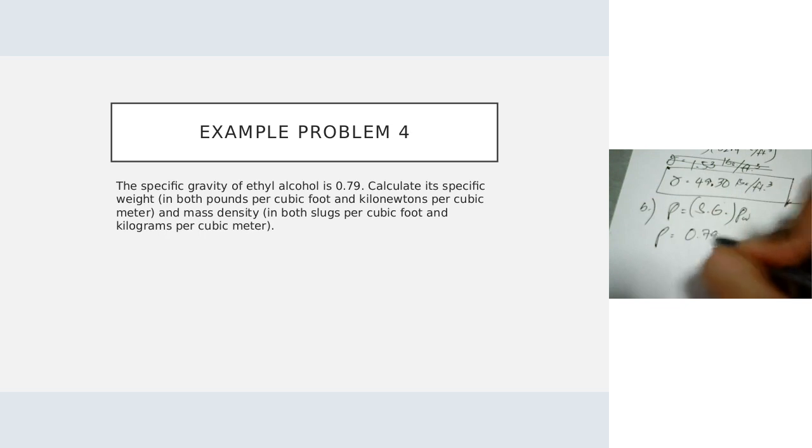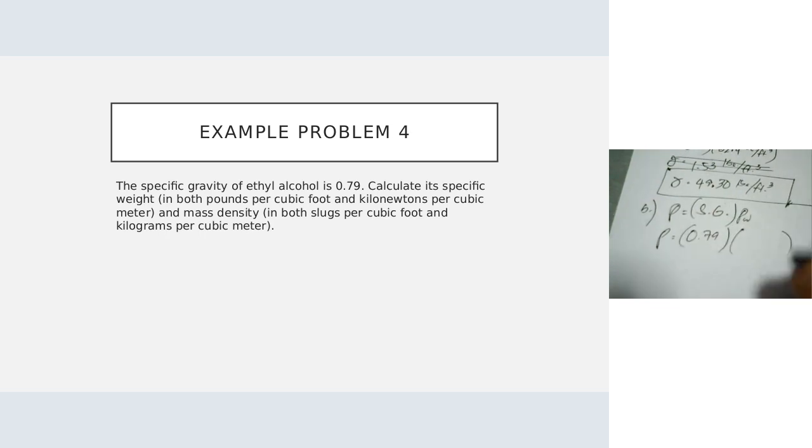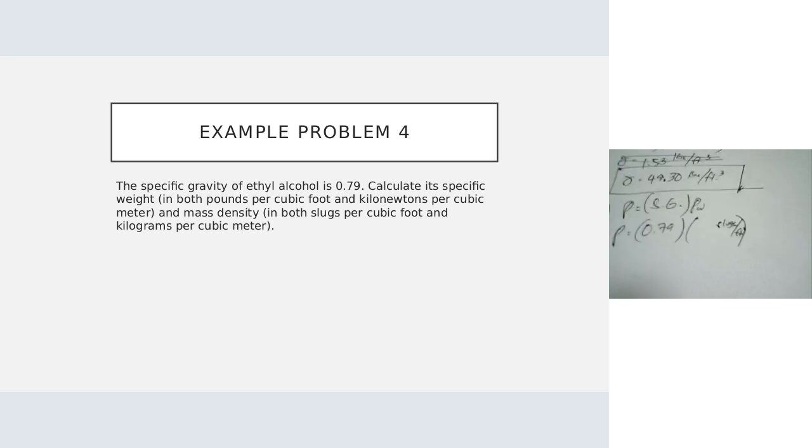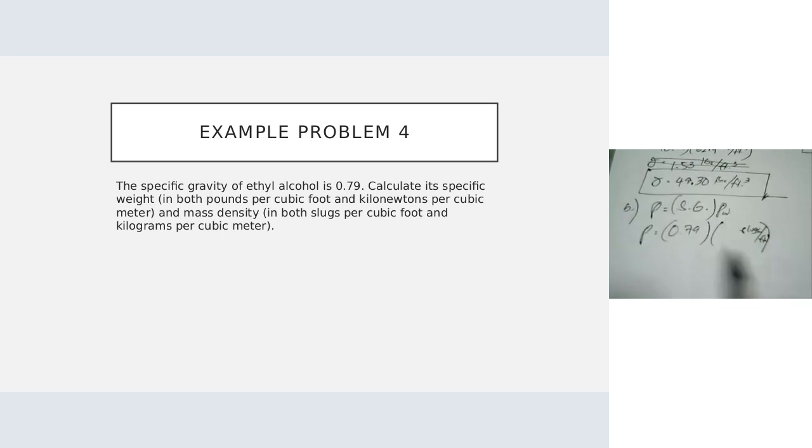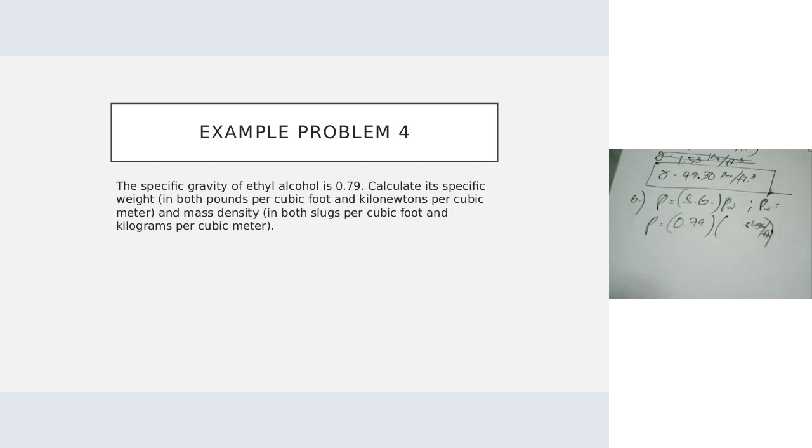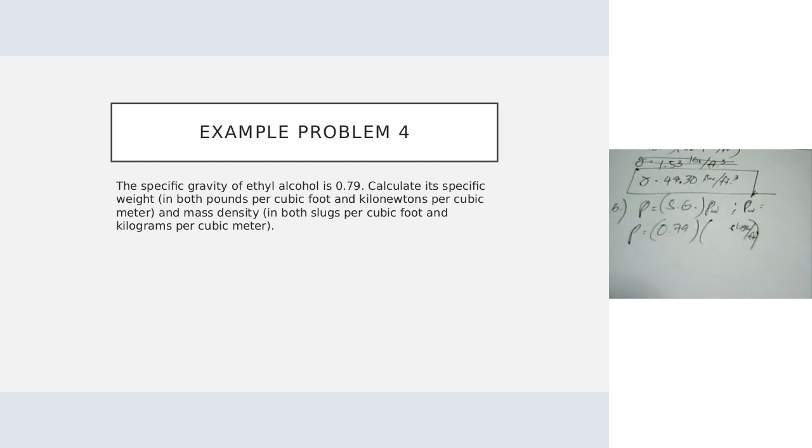Okay, so we have 0.79. Now let us first get the mass density of ethyl alcohol in slugs per feet cube. But what is that value? What's the mass density of water in slugs per feet cube? Can you give that value?